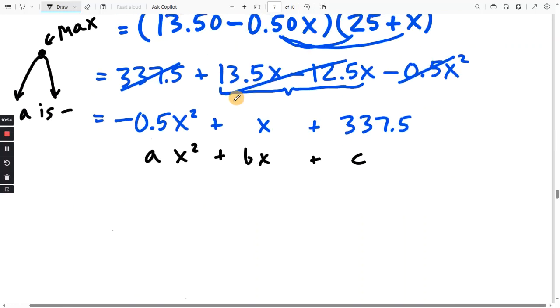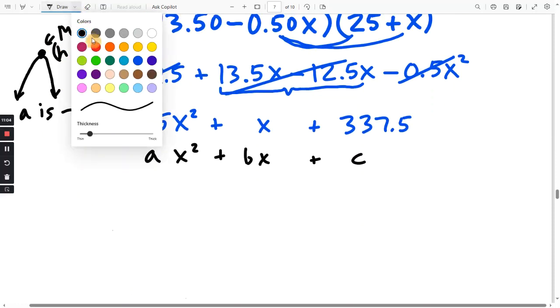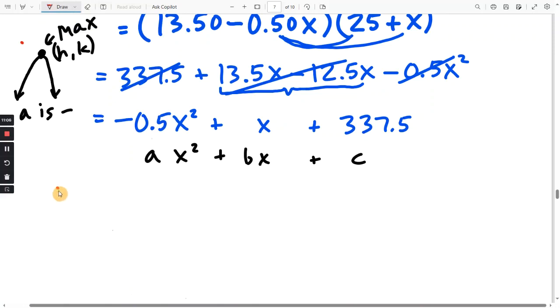All right, so we know for the vertex, the coordinates are h comma k. So let's start with the h. That's going to be negative b over 2a. Start with a negative, and b, we can see that is just 1.